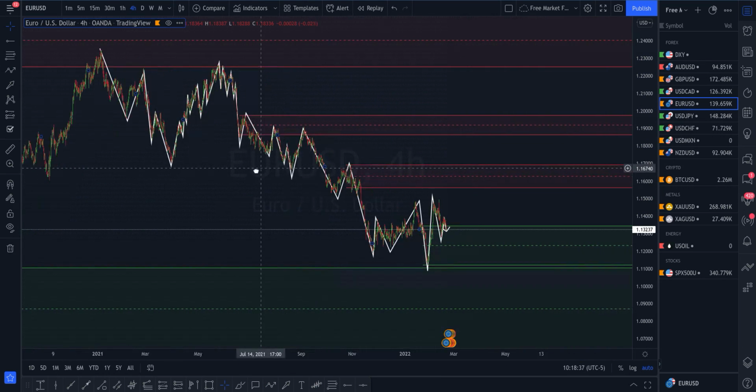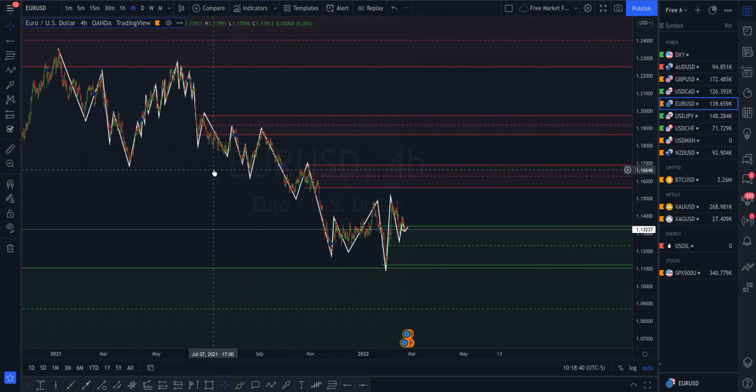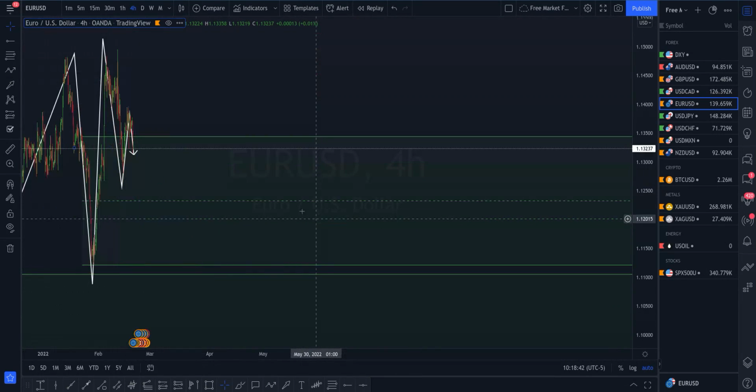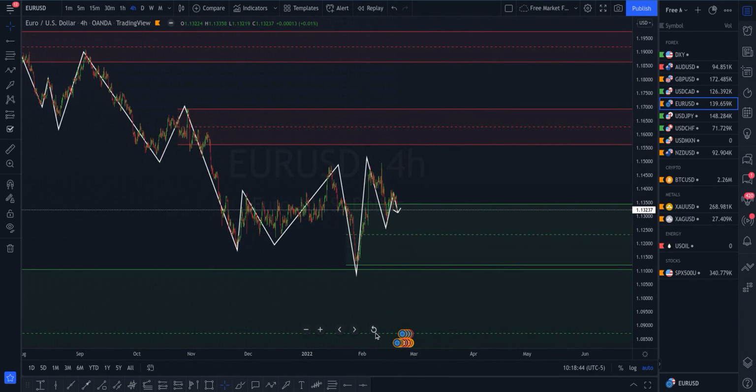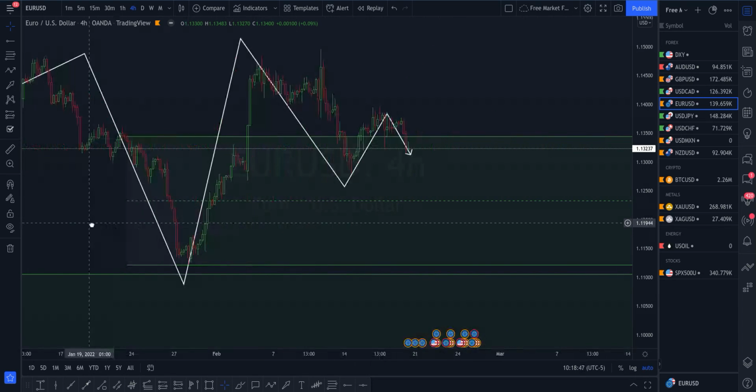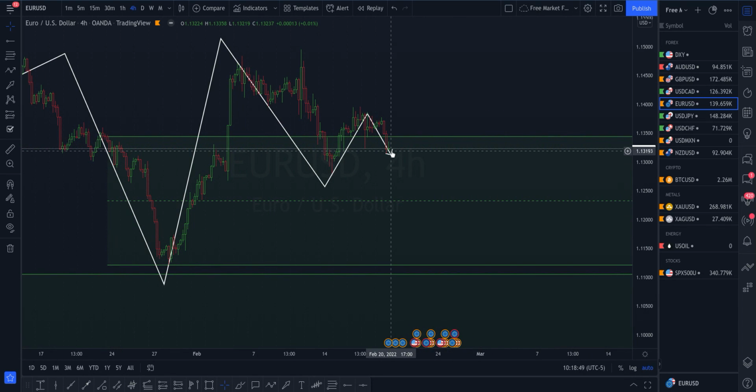All right, so let's see if this pair is consolidating currently. Okay, so here's price. Here's a low, there's a low. We have a low here, this low here, and this low right here.